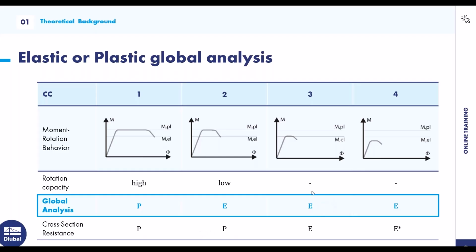Then cross-section class 3 and 4 allow an elastic structure analysis, and the cross-sectional resistance can only be applied elastically. For cross-section class 4, only a reduced cross-section resistance, the effective cross-section.